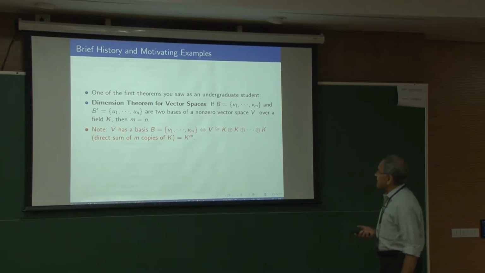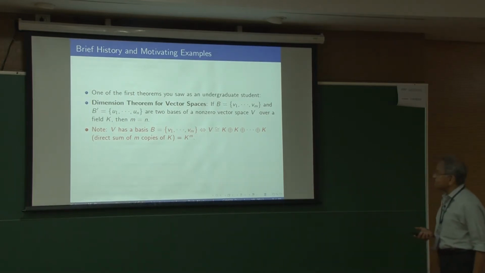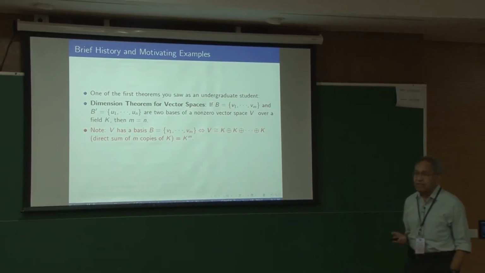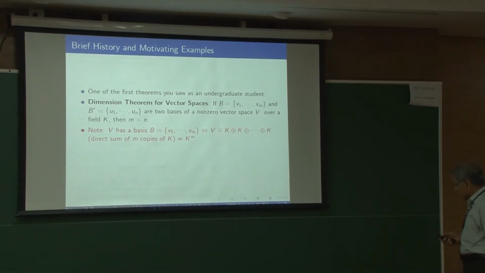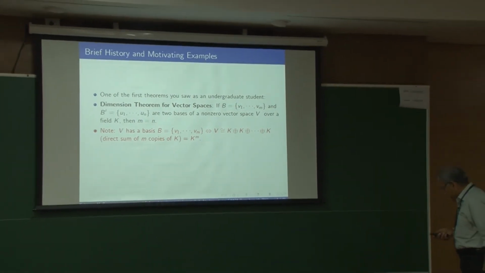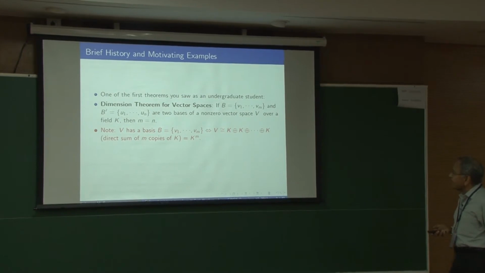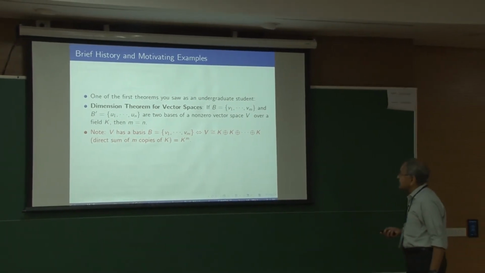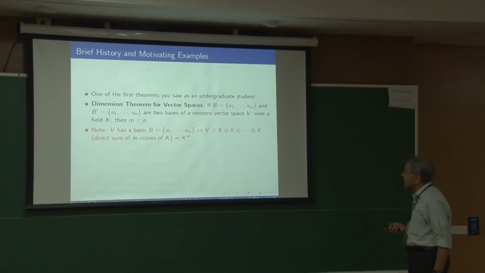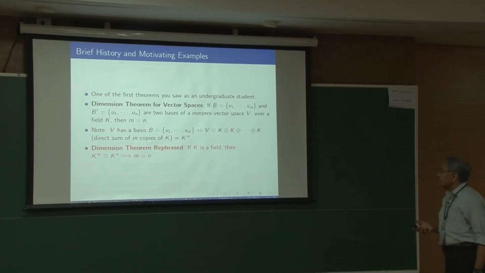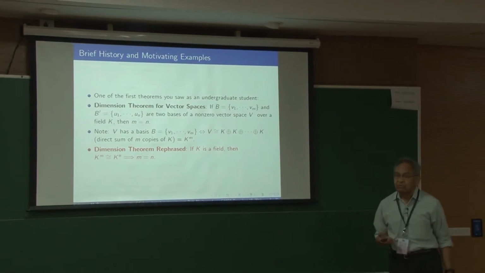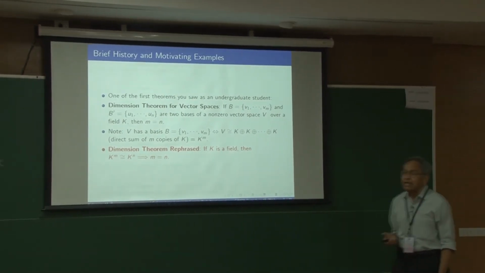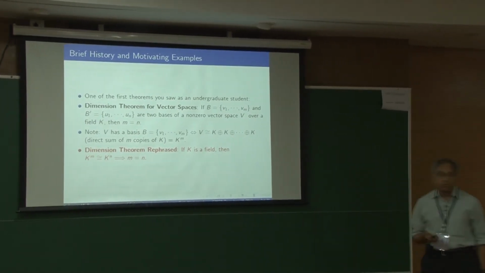Notice that B has a basis of m vectors. This is the same thing as saying that the space is a direct sum of m copies of K, or simply written K to the m. So if I want to rephrase the dimension theorem: if K is a field, and if K to the m is isomorphic to K to the n, then m must be equal to n.